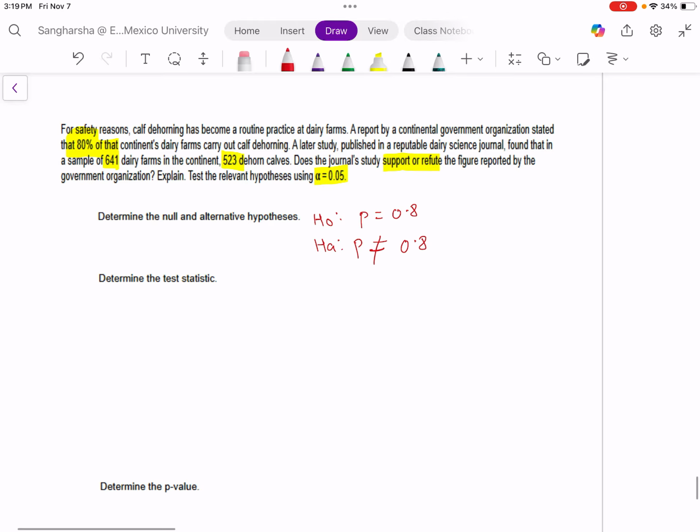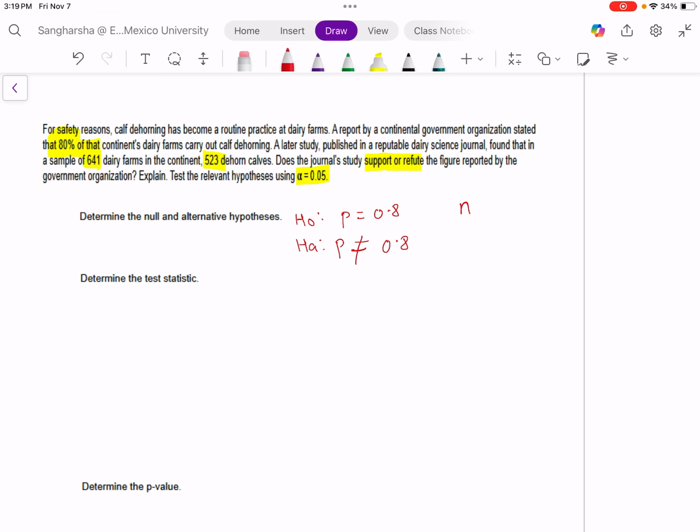Now let's find the test statistic. Here we have our sample size 641 and our parameter is p. Is 641 large enough?